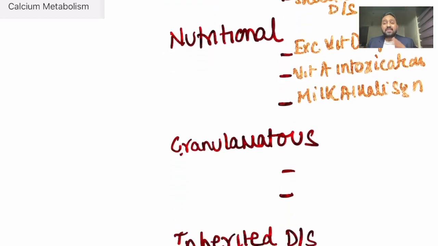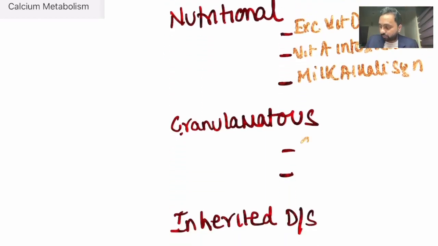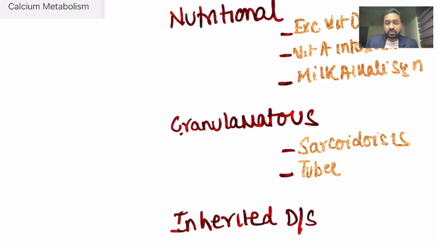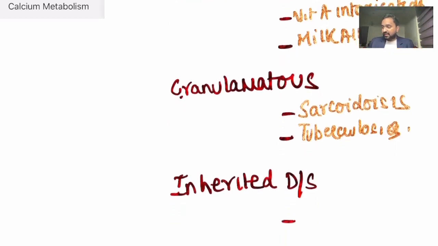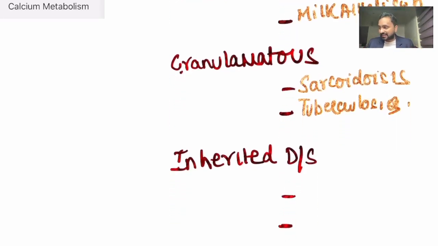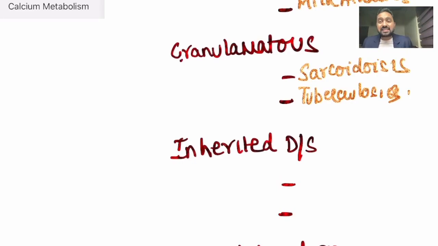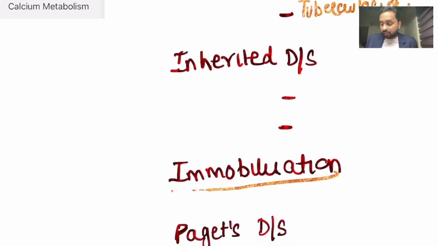Then we have some granulomatous diseases, which would be sarcoidosis, and one of the most common conditions that you see in India is tuberculosis, right? And then there could be some inherited disease like in hypercalcemic hypocalciuria, right?